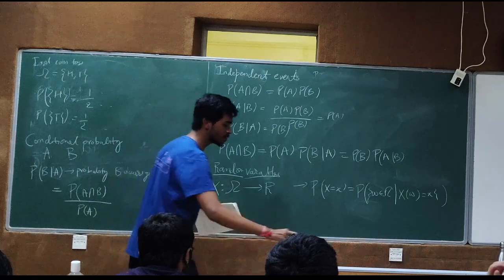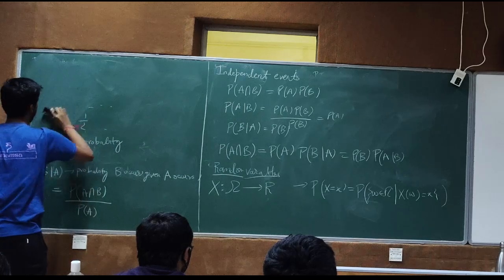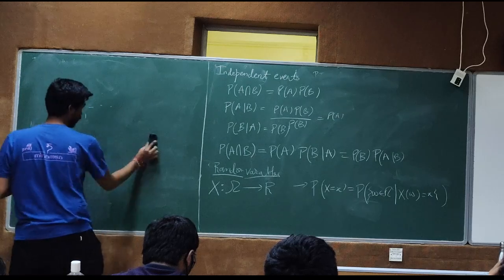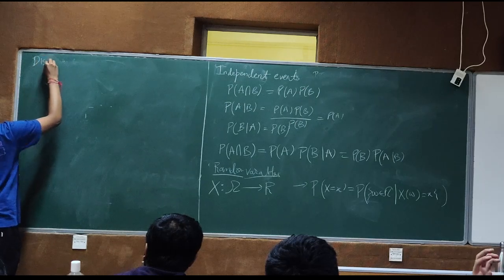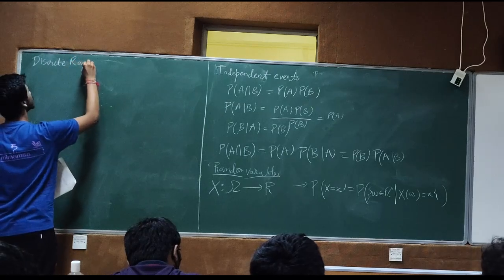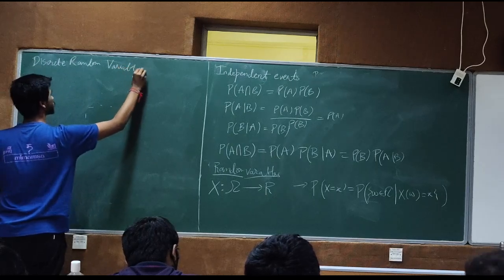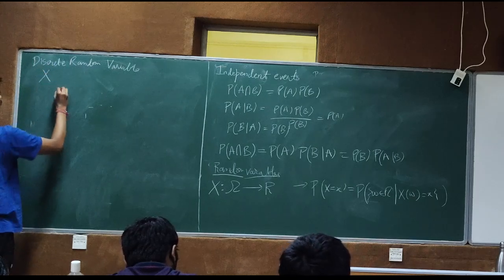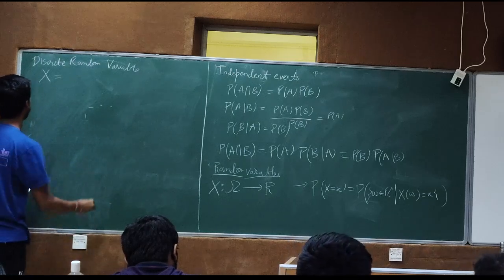So you can have two types of random variables. In the first, the random variable X takes discrete values, which means it takes countable values on the real number line.